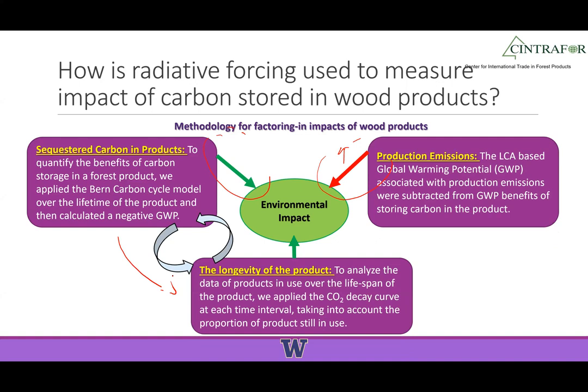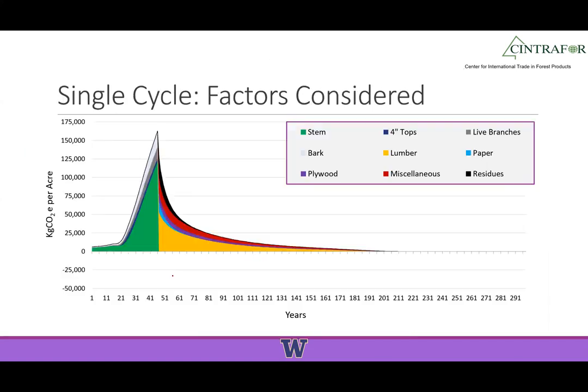Is it 30 years, 10 years, or 100 years? If it's sequestered for 100 years, it's much better than if it's sequestered for 10 years. So there are two positives here, the amount of carbon and the longevity of the product, and the negative being the emissions that we produce to attain that positive. So what's the net benefit?